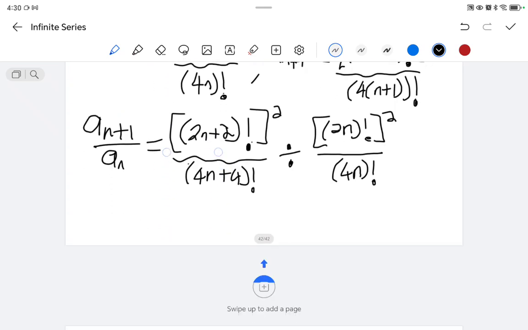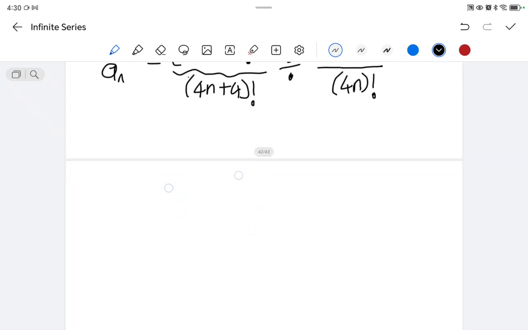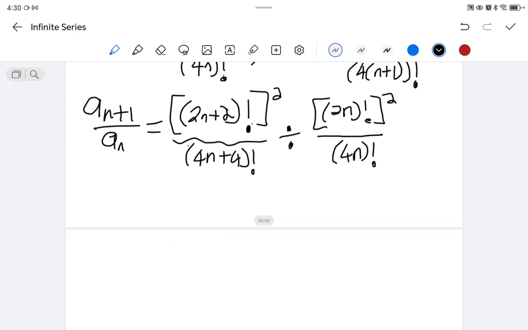Now the next thing to do is to expand this. I'll think about factoring later, and other steps later.